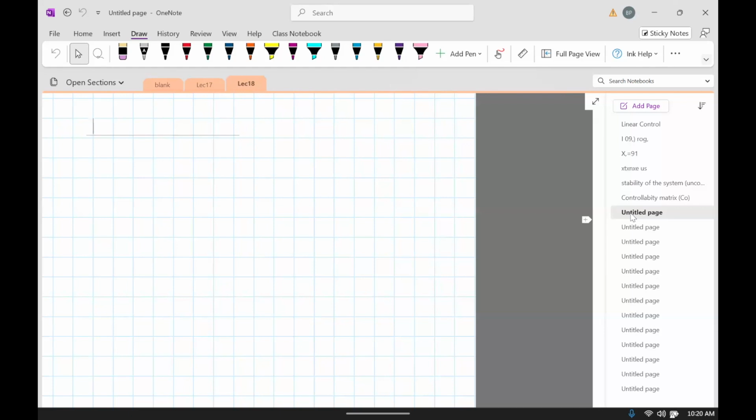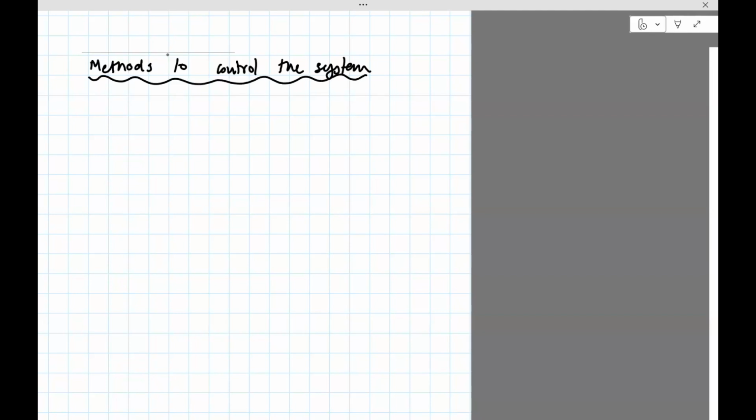So here are two methods to do control, and we'll do both of them, and I'll show it on the same example. Okay, so number one is pole placement.